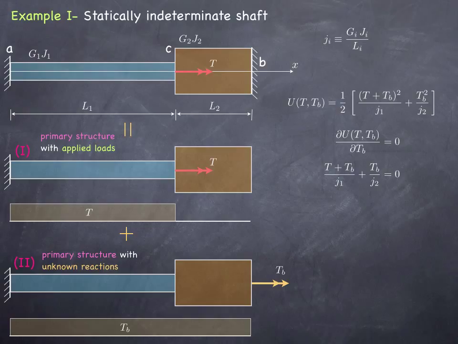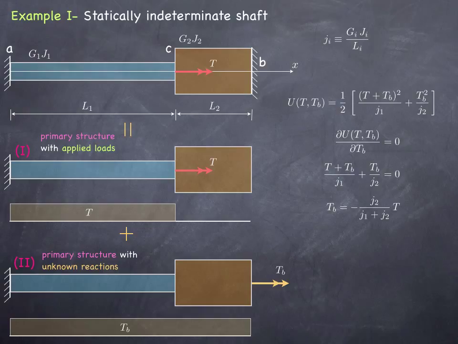This derivative is simply T plus TB over J1 plus TB over J2 equal to 0, and TB is equal to minus J2 over J1 plus J2 times T. This allows me to determine that unknown reaction.